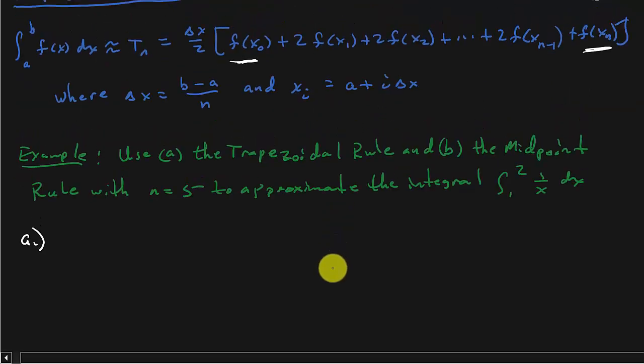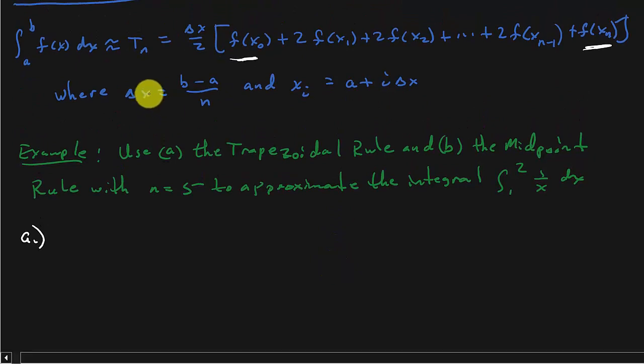All right, so what we need is delta x, which is b minus a over n. In this problem, a is equal to 1, b is equal to 2, so that's 2 minus 1 over n.